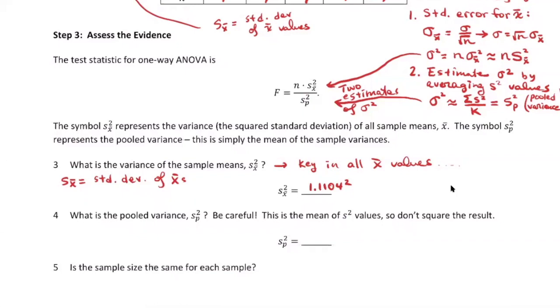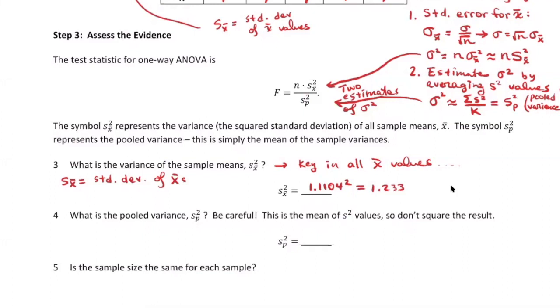So I'm typing the whole precision in. And when you get this, it comes out to exactly 1.233. And yeah, Andrea, that's perfect. Good. So that's the standard deviation of the sample means.